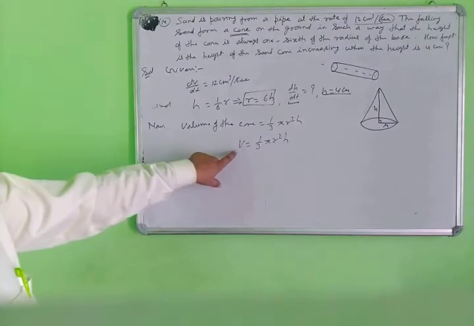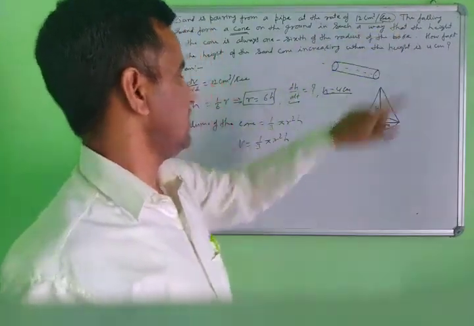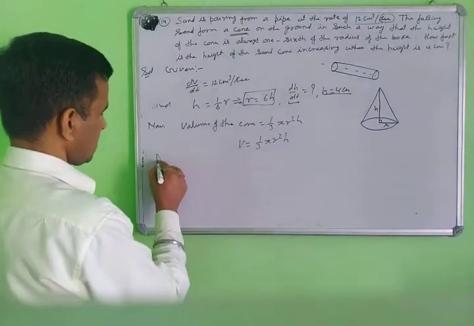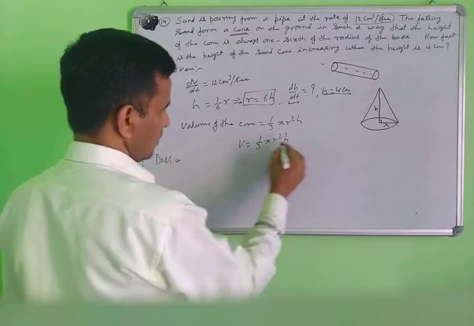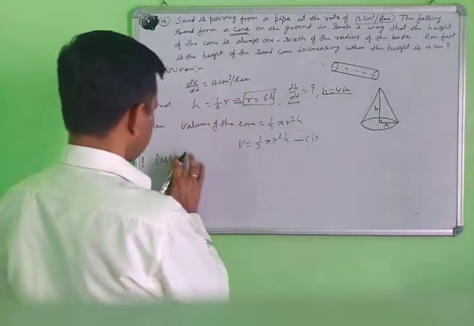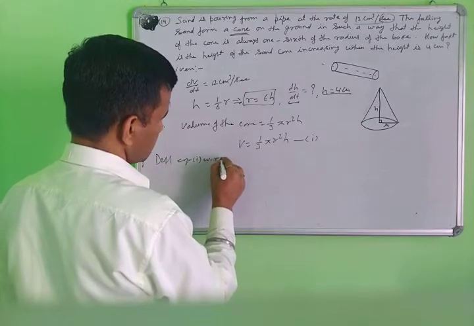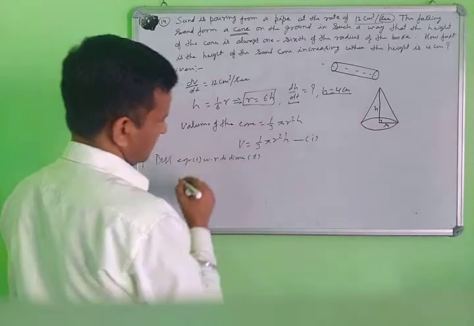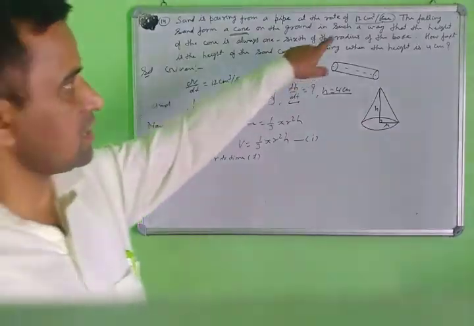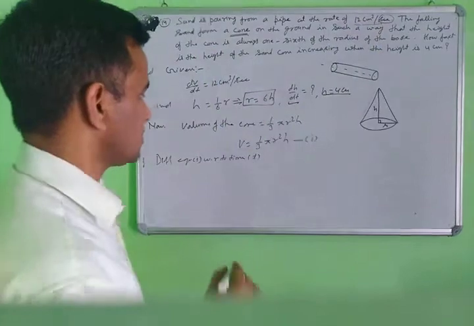Now differentiate the volume of the cone with respect to time t. Because you are given 12 cm³ per second, this is the hint to differentiate with respect to time t.